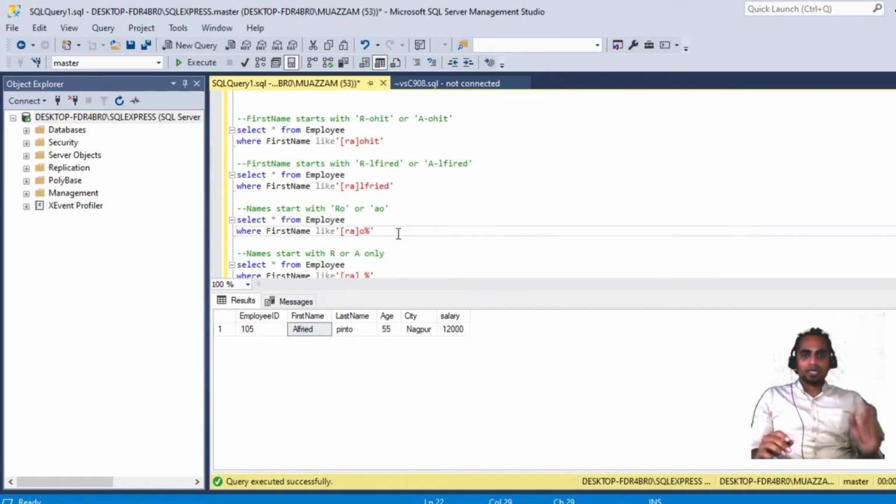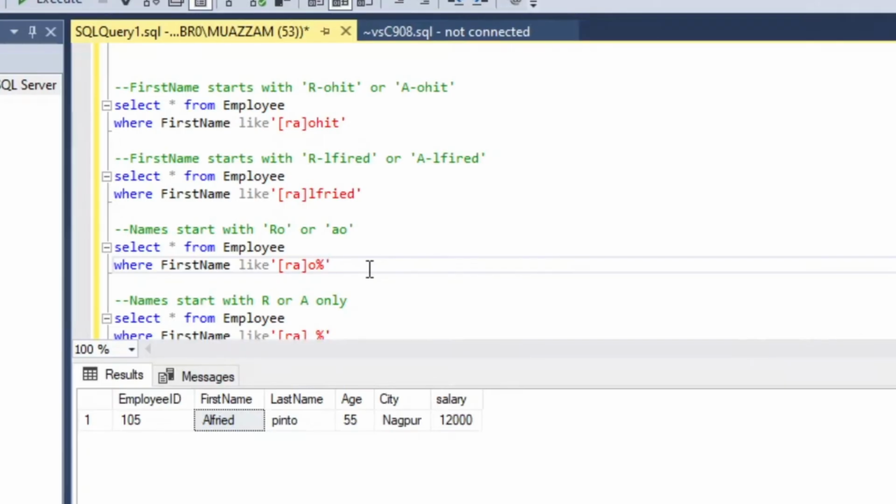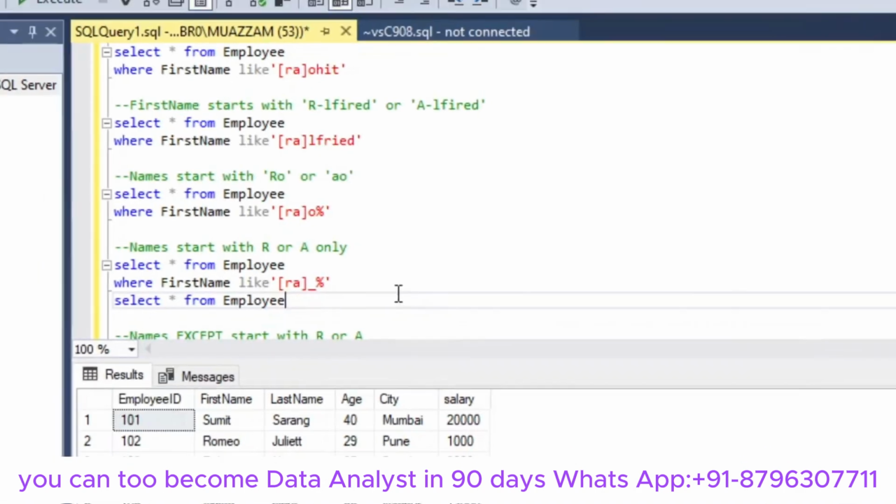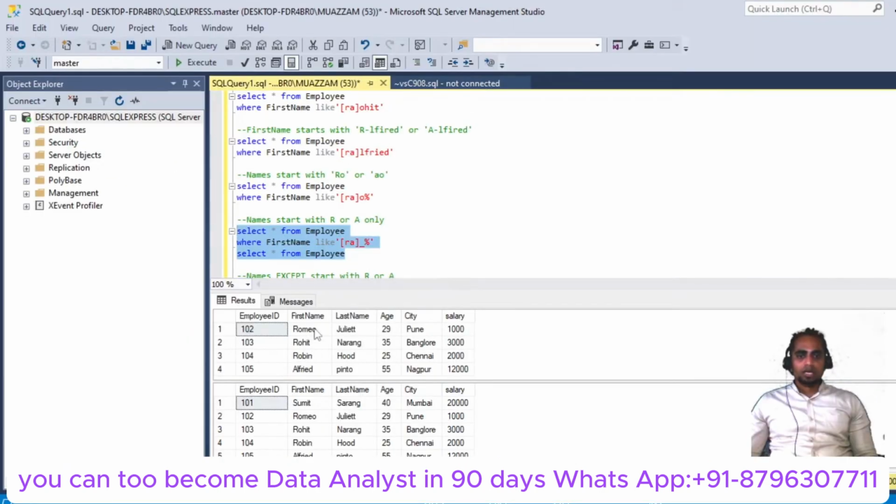So in square brackets I write R and A, and after the square bracket I will write O, and then a percent sign. So this will give me three records. I started searching R and A, so I got R and A.